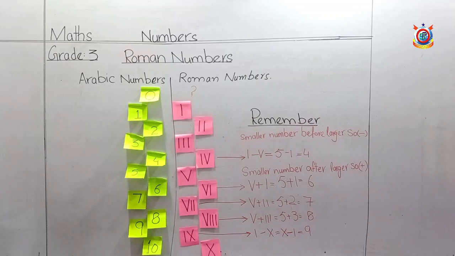Same as 5 plus 2. 5 plus 2 is equal to 7. 5 plus 3 is equal to 8. And here is a smaller number before 10, which means subtraction. So we will apply the subtraction rule here. 10 minus 1 is equal to 9.